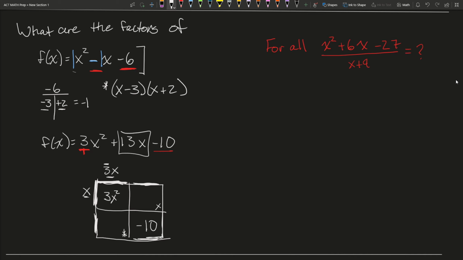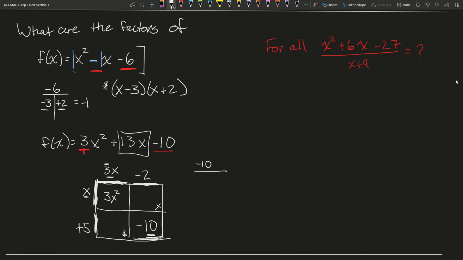Okay, so in order to get factors of 10 that in some way add up to positive 13, I'm going to try positive 5 and negative 2. So I'm going to try positive 5 here and negative 2 up here. Right, so positive 5 times negative 2, that's negative 10.